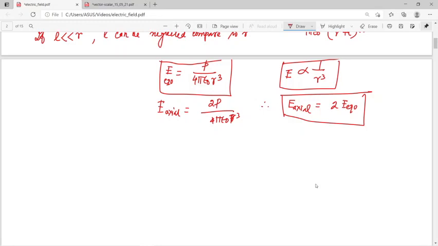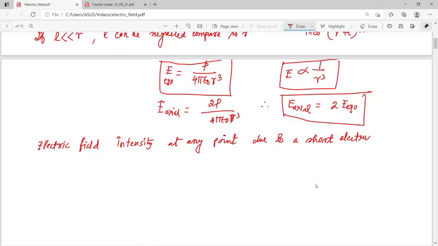Now, if we want to find the electric field intensity at any point due to a short electric dipole, that is what we have to find.